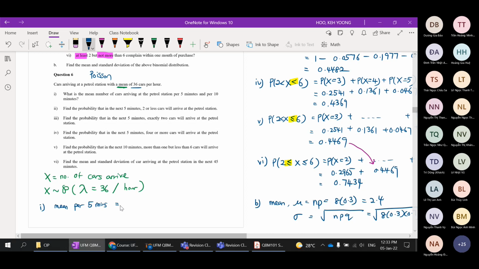You have to do some simple calculations. So you take 36 times 5 divided by 60. In minutes, you divide by 60, then times 5. So that means on average, you have 3 cars per 5 minutes. So how about 10 minutes? How many cars on average?